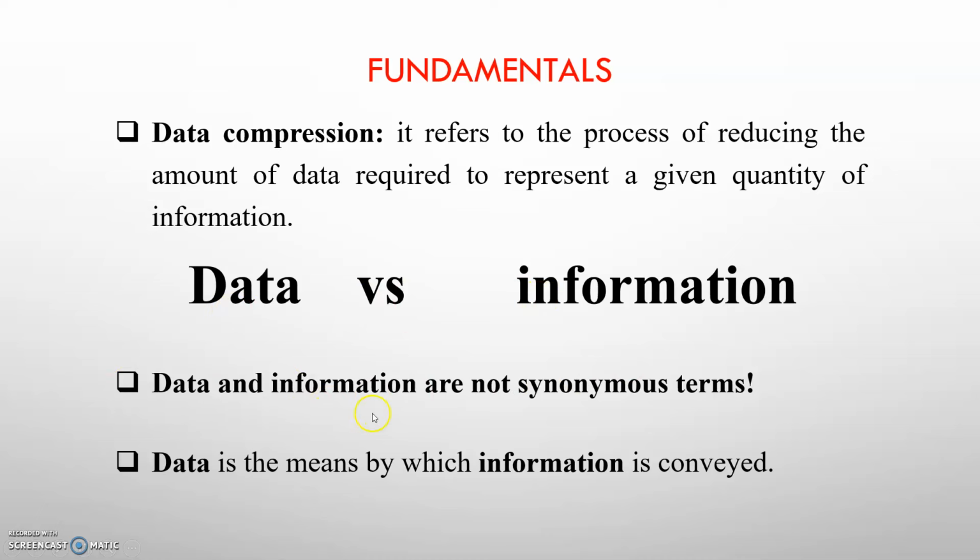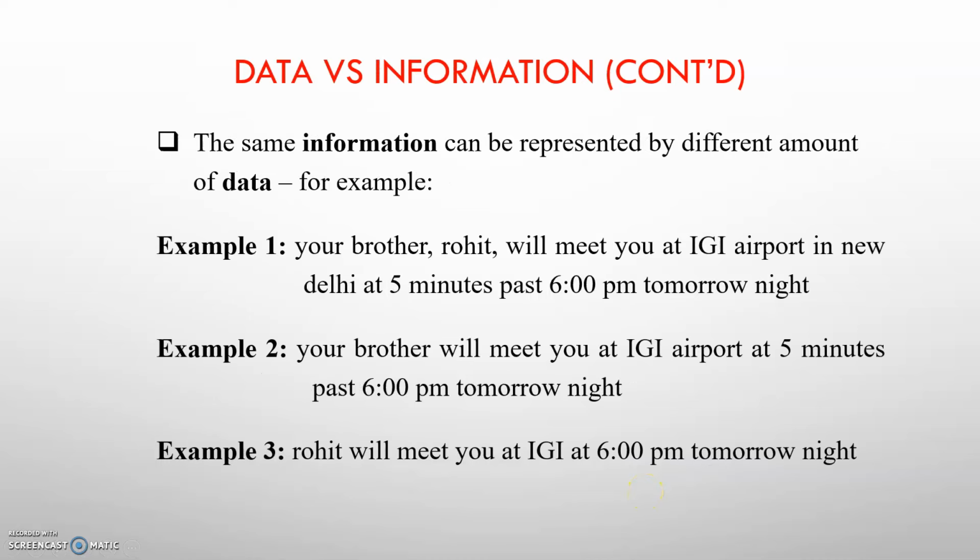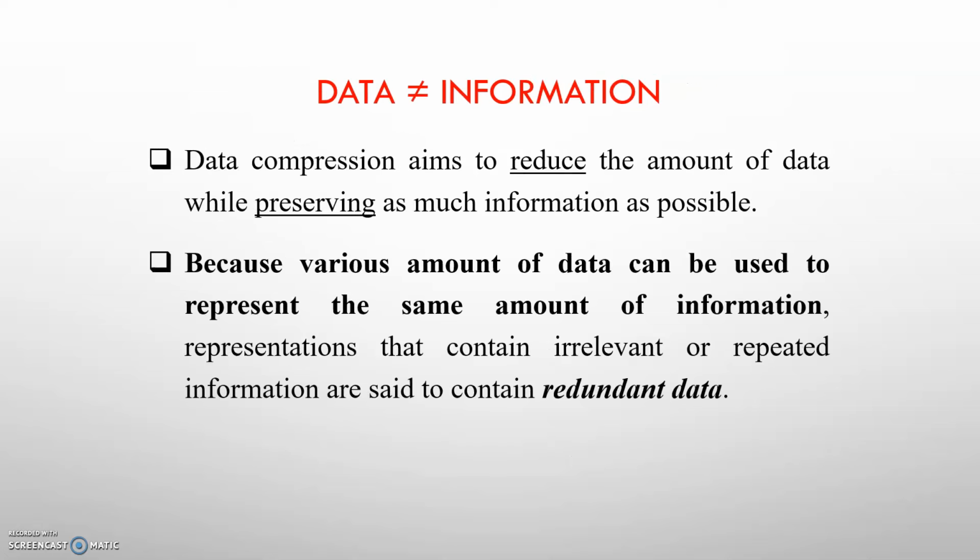From now on, data and information are not synonymous terms. Data is just the means by which the information is being conveyed. So this is a small point I wanted to tell you in the beginning, that data is not equal to information. Data compression will aim to reduce the amount of data, preserving as much information as possible.